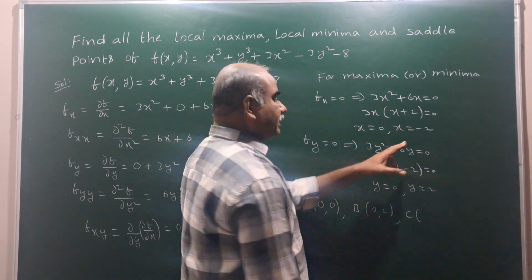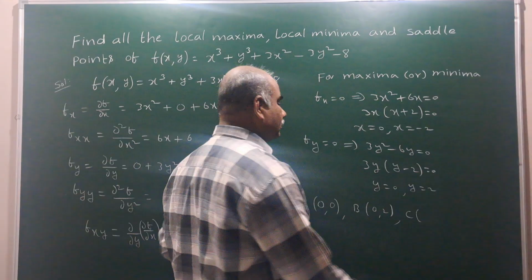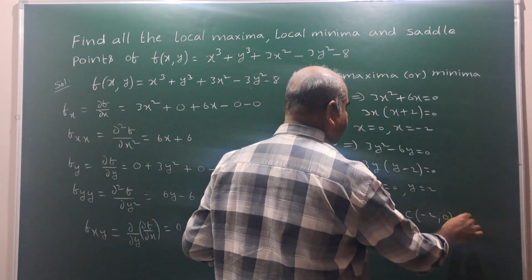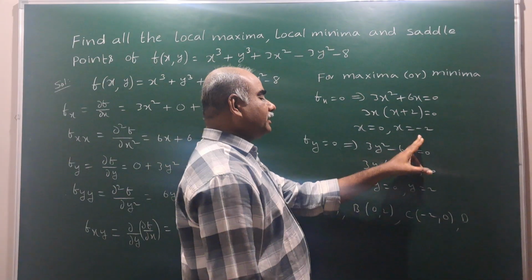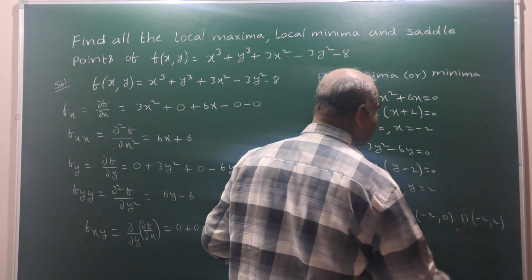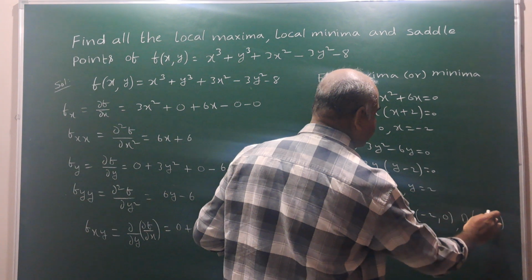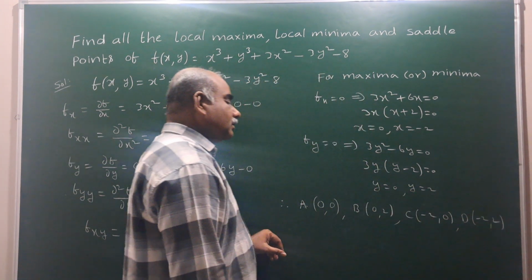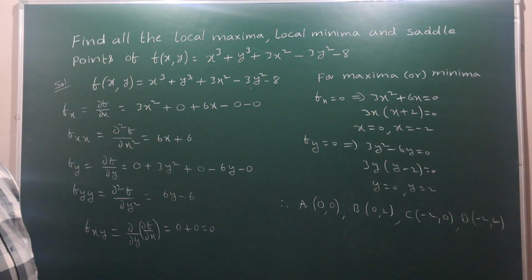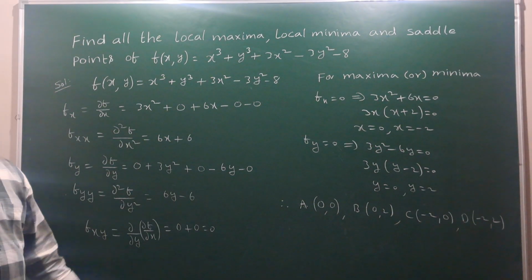Next C: x = −2, y = 0, that is (−2, 0). Next D: x = −2, y = 2. Okay. So these are the points which we have to check whether the function has a local maximum or local minimum. Okay. Let us see in the continuation.